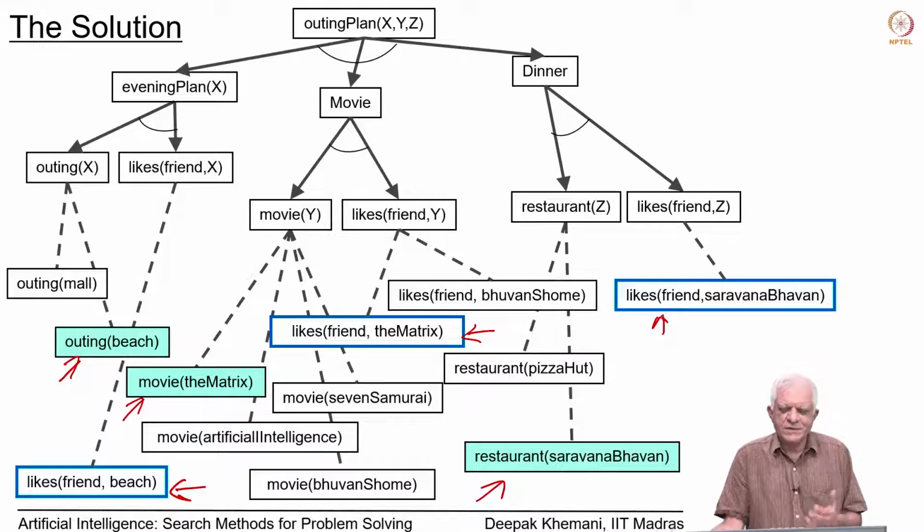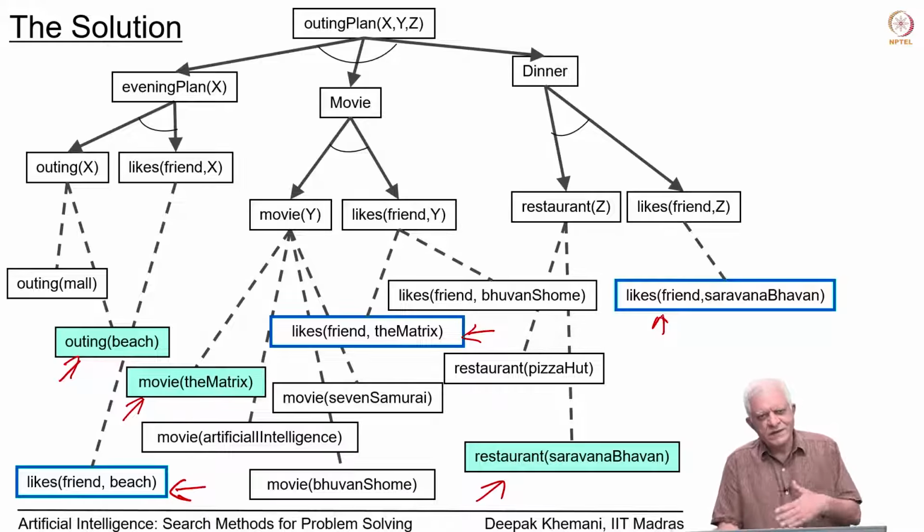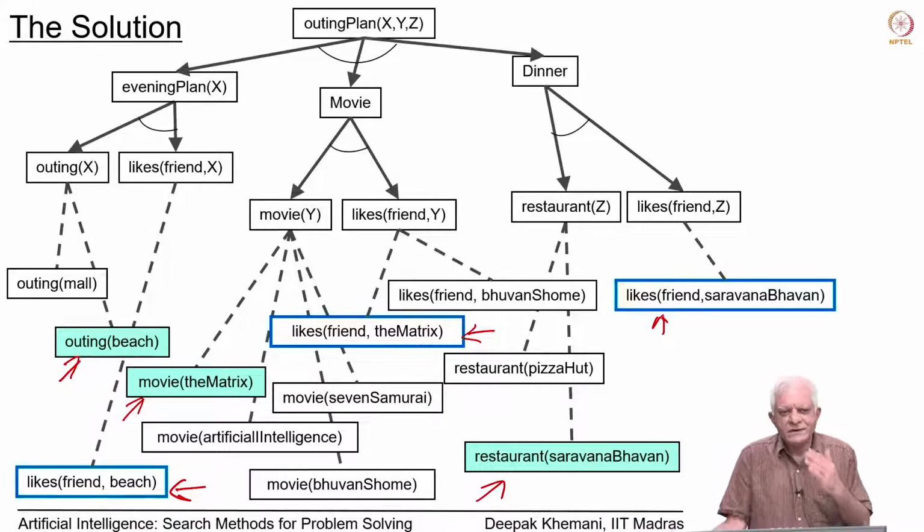Especially if you are writing a recursive program, the base clause must always come first and then the recursive clause, because Prolog will first check the base clause and then go to the recursive clause if the base clause fails. If you had written the recursive clause first and the base clause afterwards, it could just get locked into an infinite loop in the recursive clause itself. Keep saying that this is true, if this is true, that is true, if the next thing is true, and so on. Never reach the base clause.